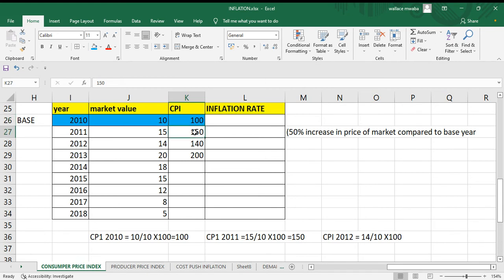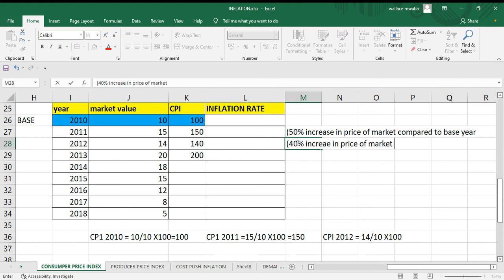Like here, 150 minus 100, 50% increment. 140 minus 100, 40, which means a 40% increase in the price of the market basket compared to the base year.